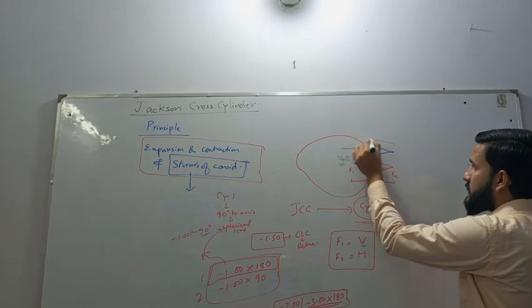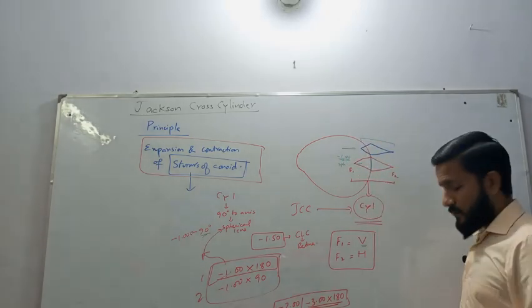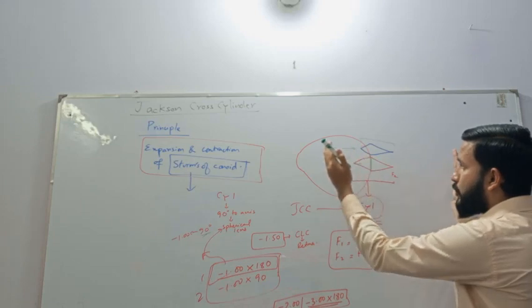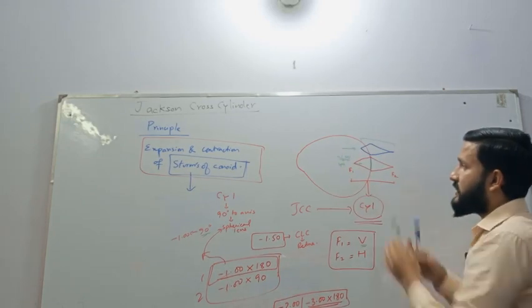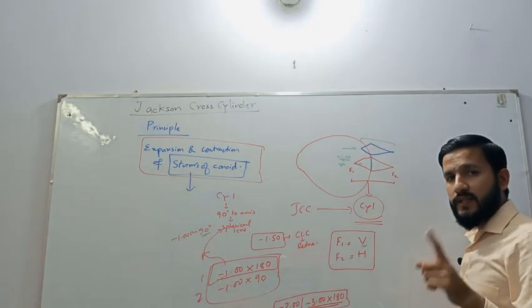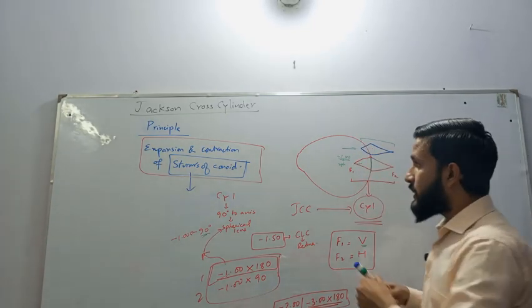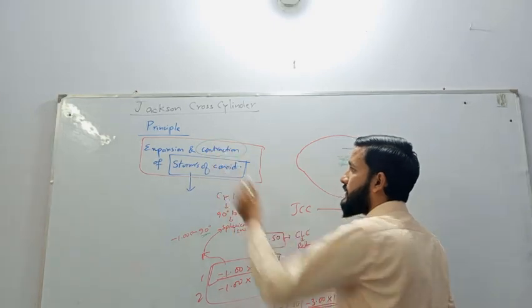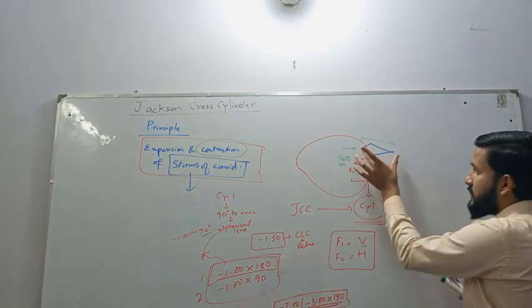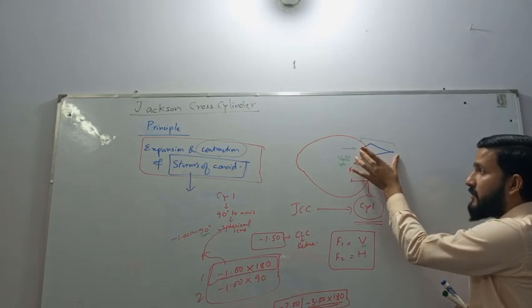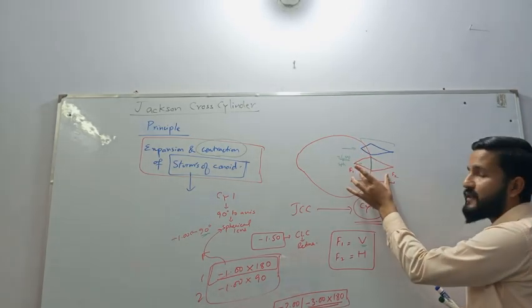Now this interval is shorter, which means that both focal points are near to each other. That is, cylindrical correction is given in a right direction. So this is basically contraction of stumps of conoid. It is basically contracted. Here it is big and here it is a bit smaller as compared to this one.